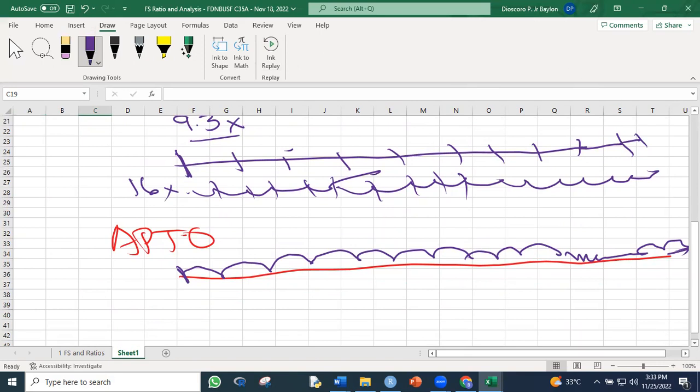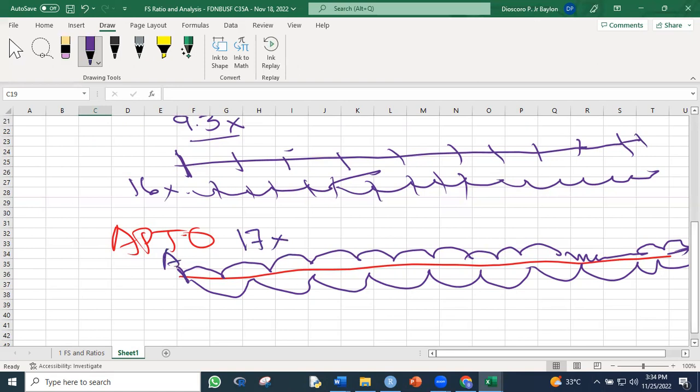So my question is, our direct competitor was doing it 10 times. So 1, 2, 3, 4, 5, 6, 7, 8, 9, 10. Okay? 10 times. While we were doing it, ilan tayo? 17 times, company A versus company B, which was doing it 10 times. All right. Paki-chat please, A or B. In terms of Apto, which company was performing better?